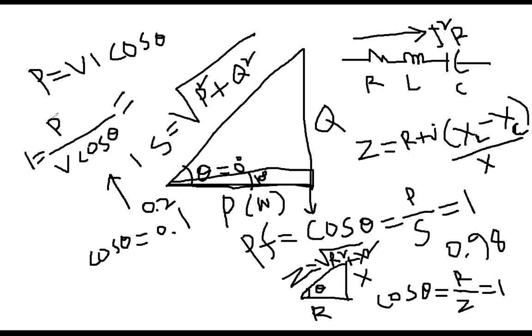With the help of this equation, you can understand that a lower power factor value means a higher value of current, and a higher value of current means higher loss and higher voltage drop. Voltage will drop significantly at each and every point. Consequently, your system will be lossy and inefficient. That is the meaning. That's why we have to improve the power factor. So now come back to that slide again.